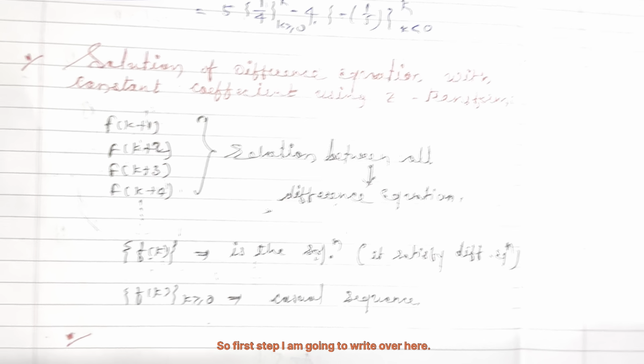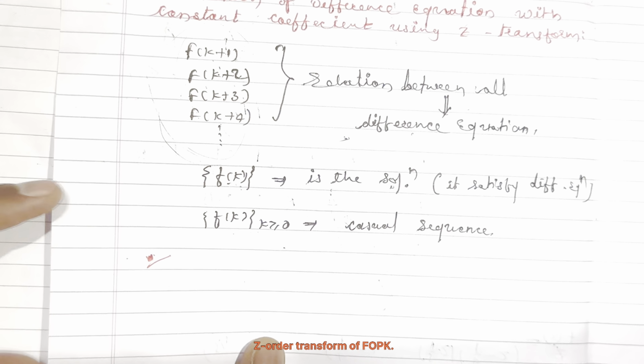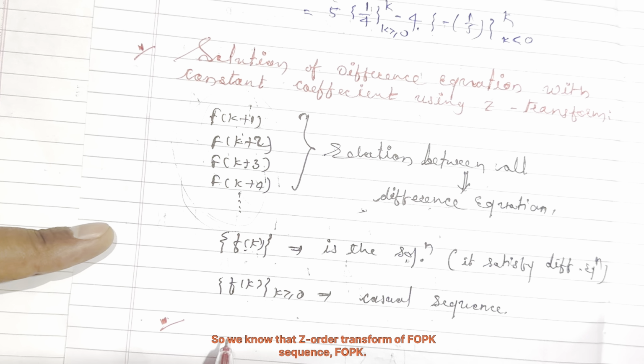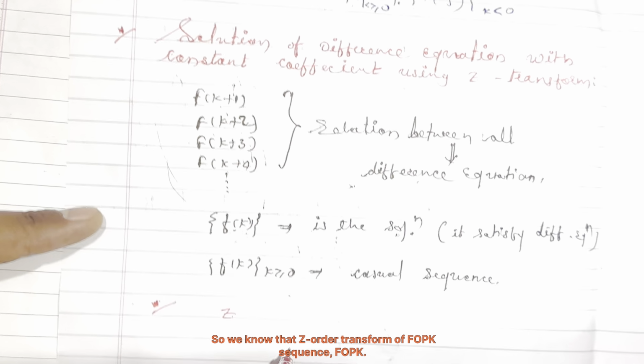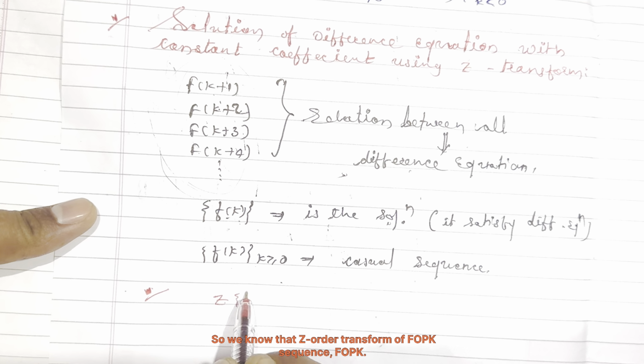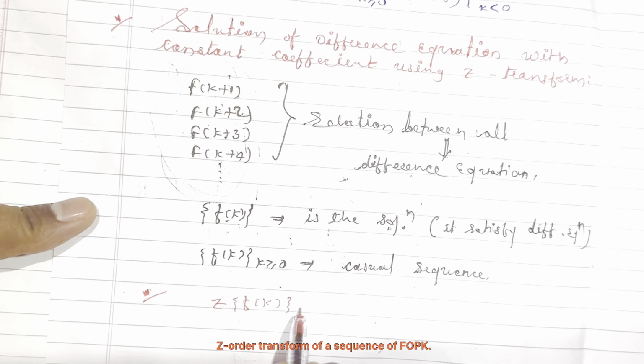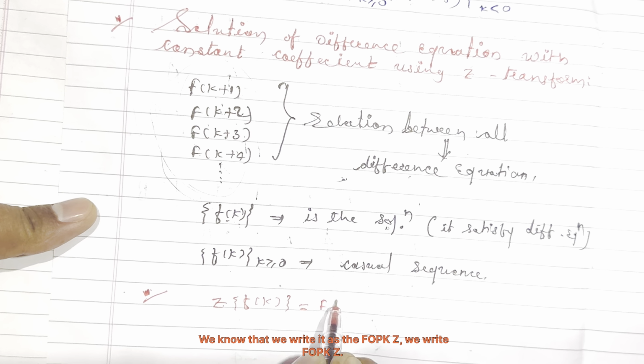The first step I'm going to write here is the Z transform of f of k. We know that the Z transform of the sequence f of k we write as F of z.